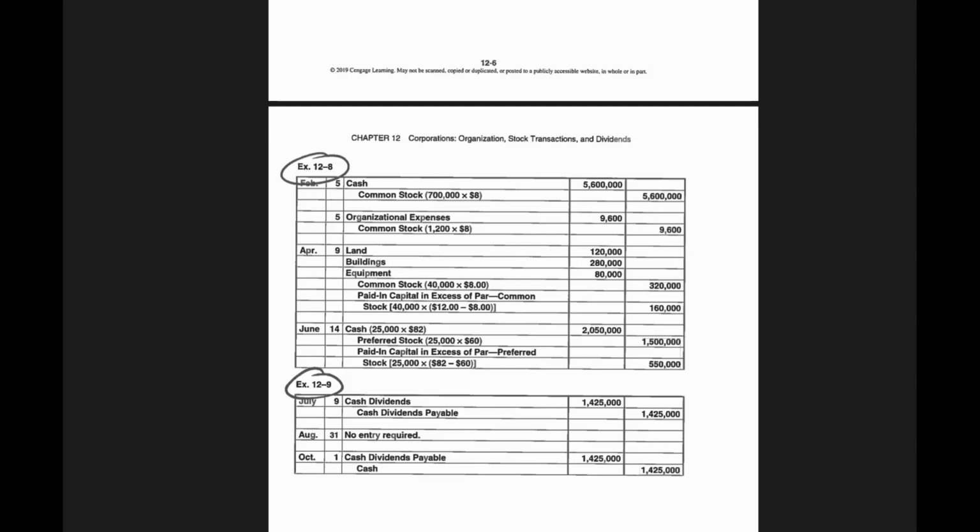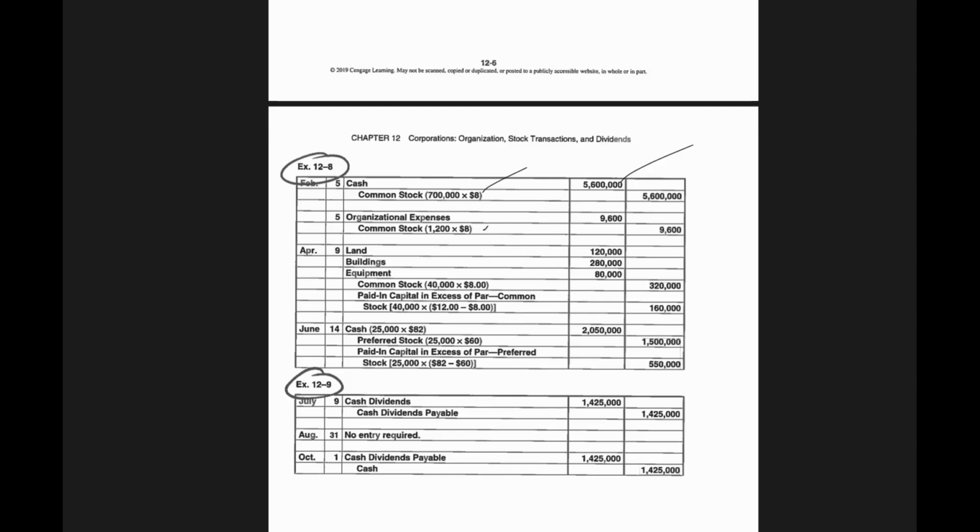On February 5, issued 700,000 shares of common stock at par. It says the common was $8, so 700 times 8 is 5.6 million. They issued 1,200 shares of common in payment of legal fees.